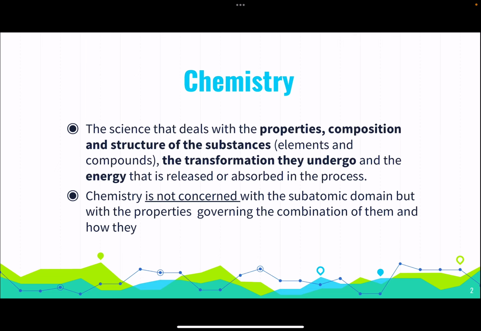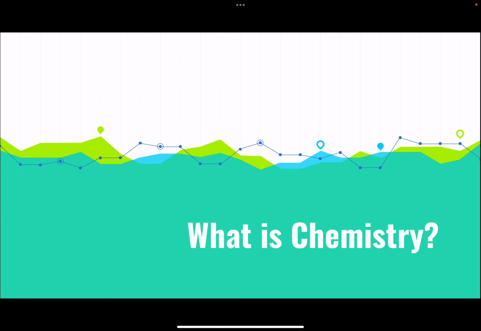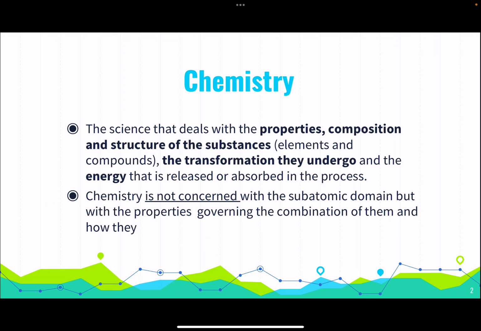Chemistry is not concerned with the subatomic domain, but with the properties governing the combination of them and how they react. So when we're talking about chemistry, it's not about how something is formed per se, but more about what we can combine with what in order to have some reactions.